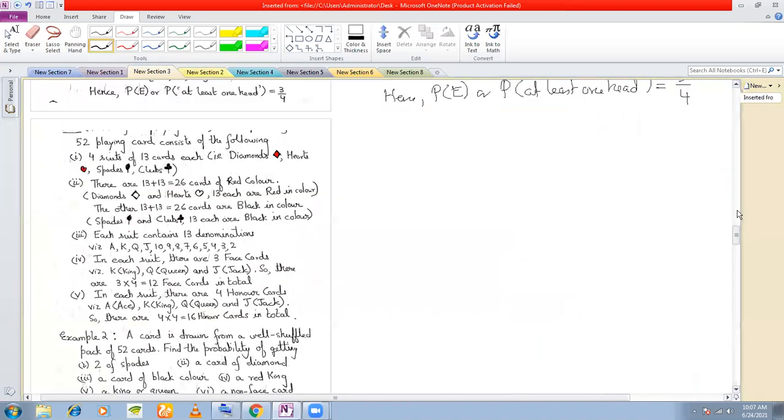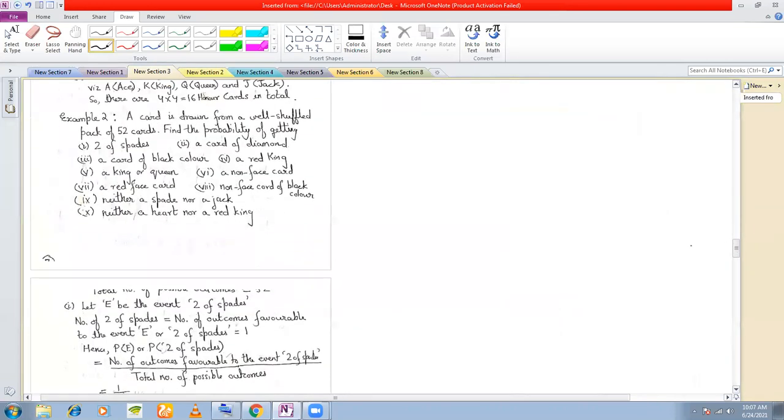So let us move on to a question on cards. The question is: a card is drawn from a well-shuffled pack of 52 cards. Find the probability of getting, and you have a set of questions.